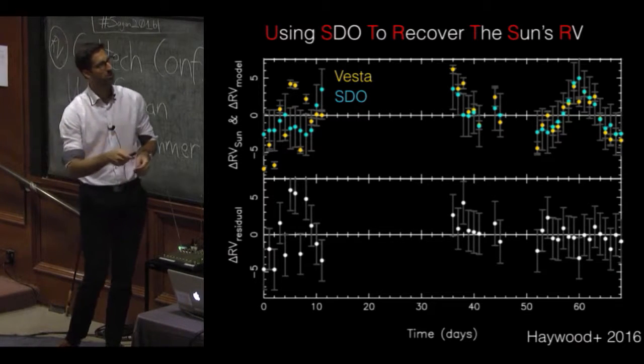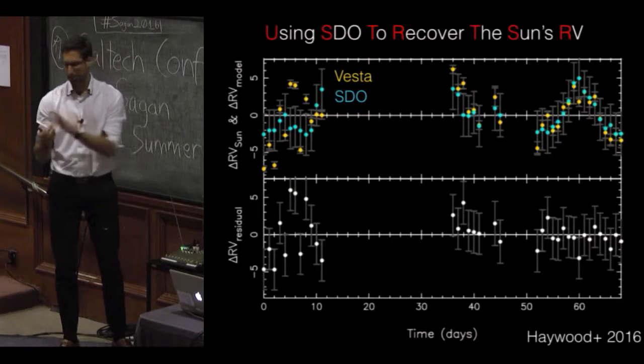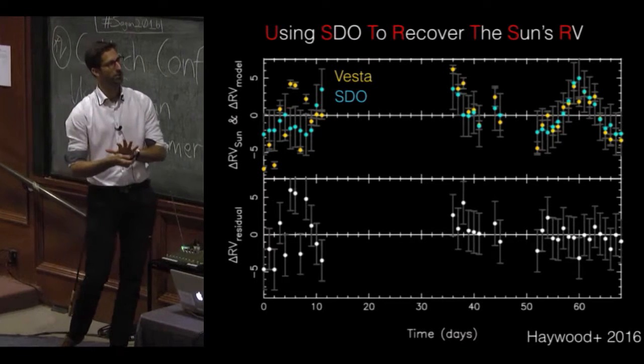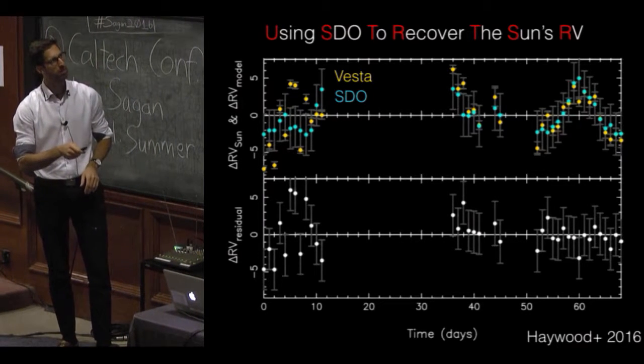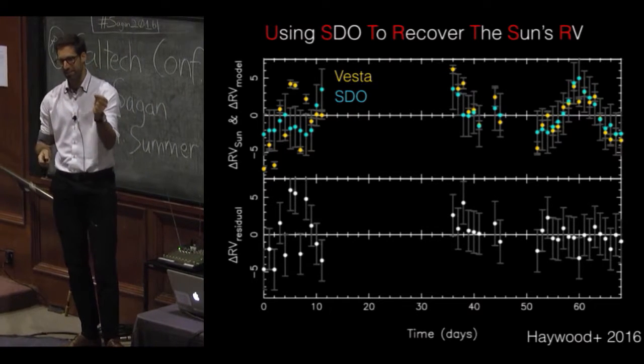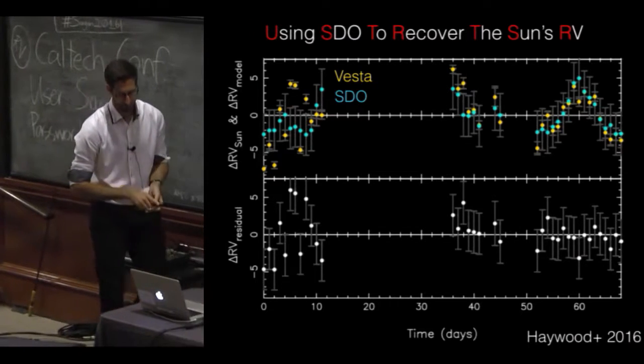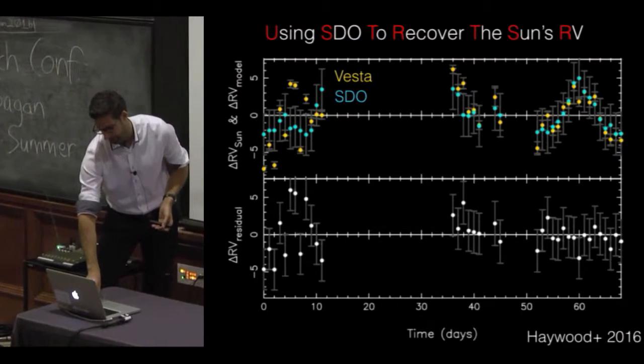So now we want to do exactly the same thing with the data that we have from the sun. And the thing is, because you have this high resolution of SDO, if you see a small bump here in the radial velocity, you can say, okay, this is really due to the spot that just appeared at this time on the sun. And then you can try to improve your model of spots and facula.